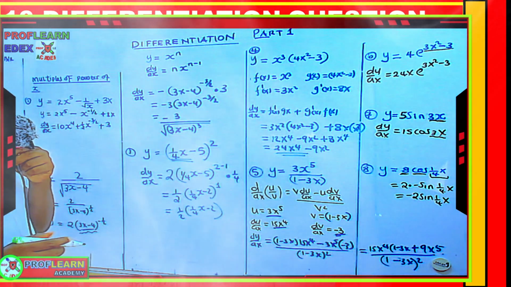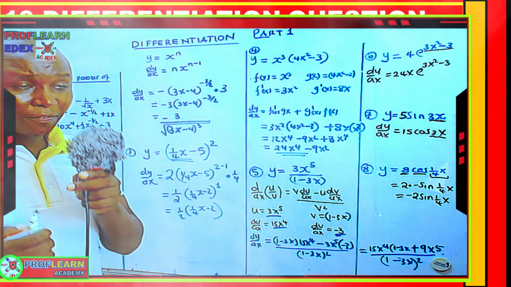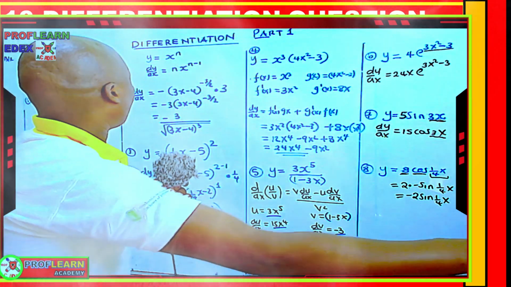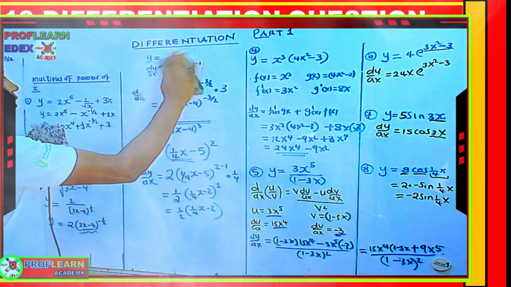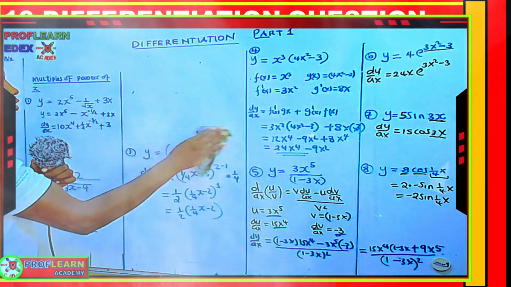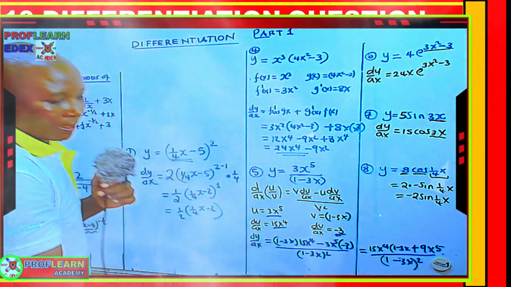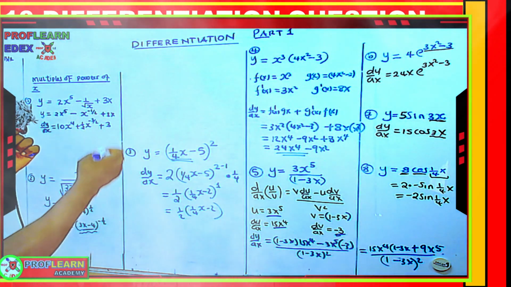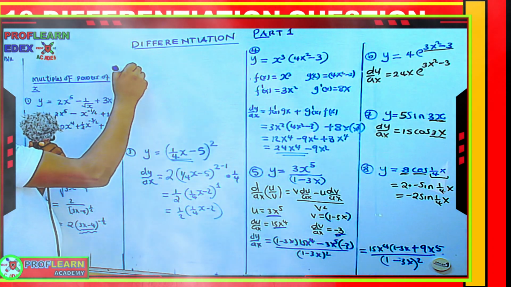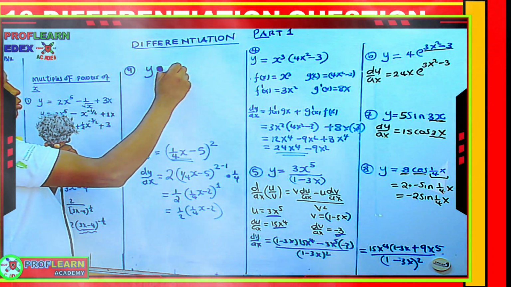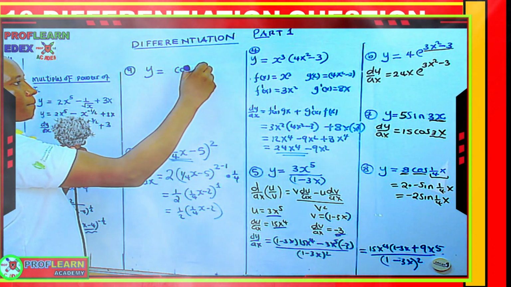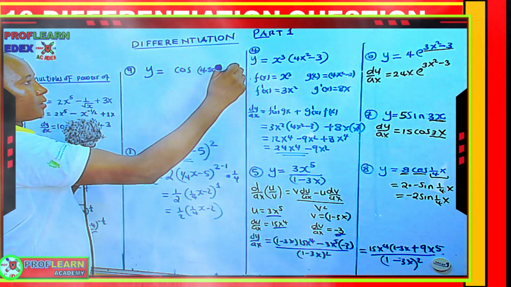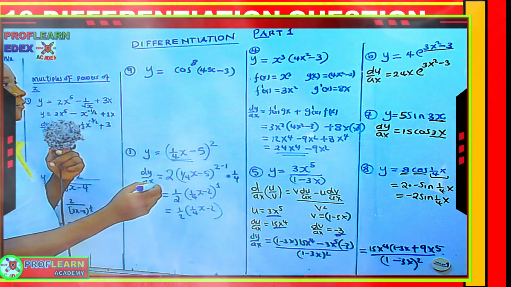So basically, those are some of the differentiations that you are going to perform. And maybe to bring to your attention, if you are given a trigonometric function with a power, let me add question number 9. If you are given y equals cos(4x minus 3) raised to power 8, how can you differentiate this?